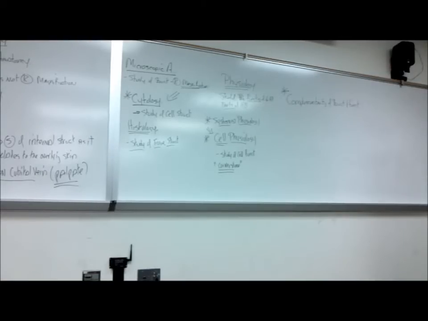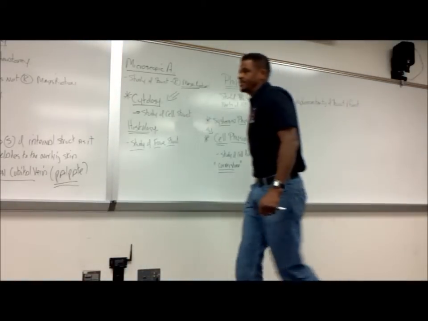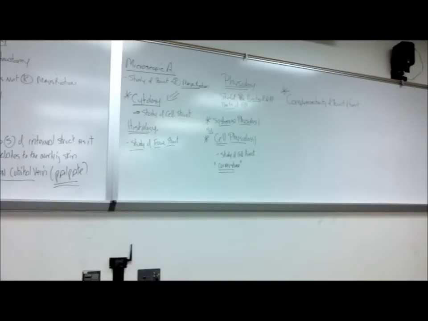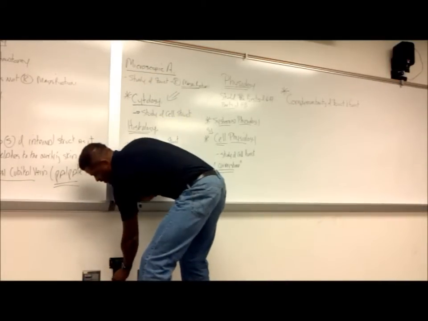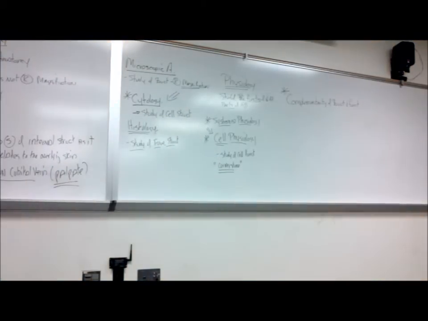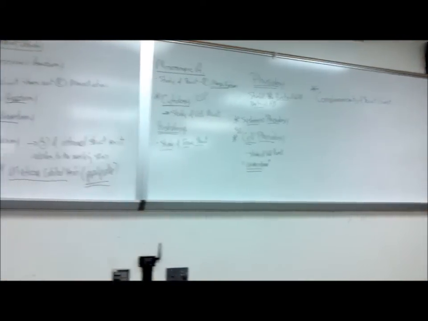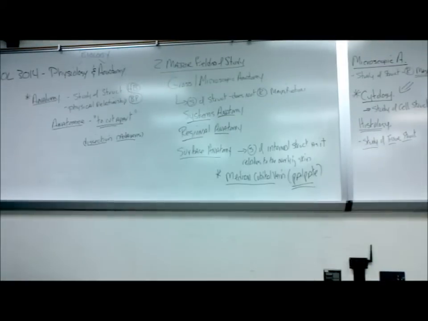Exactly. Nicely said. So complementarity of structure and function just says if we understand the structure of a particular body part, we can deduce what that particular body part can do. So if we take a look, for example, at this theme, we take a look at an organ.